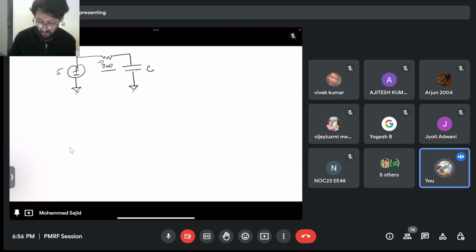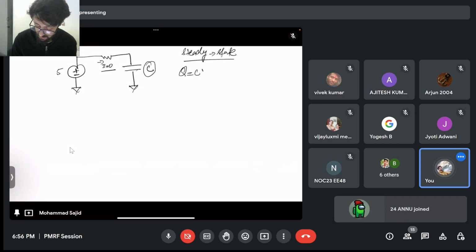At this undergraduate level, we usually consider it as a steady state. That's why we say it is blocking the DC voltage. But what actually happens is that when you connect this 5-volt supply, for this capacitor, Q is equal to CV. Everybody, do you know that Q is equal to CV?